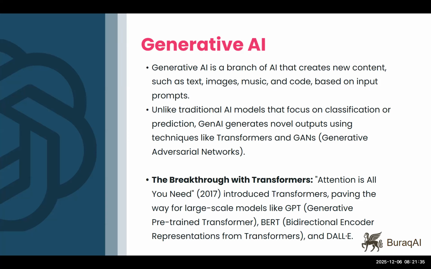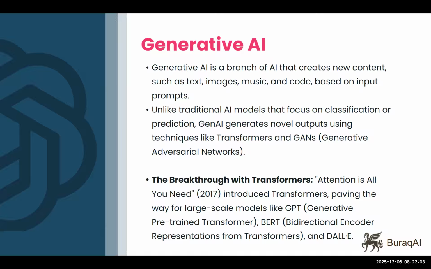Unlike traditional AI models that focus on classification or prediction, GenAI generates novel outputs using techniques like transformers and generative adversarial networks. So these are the techniques used by the models to generate new outputs. It's not trying to classify or predict something based on historical information, but it's trying to generate new information.